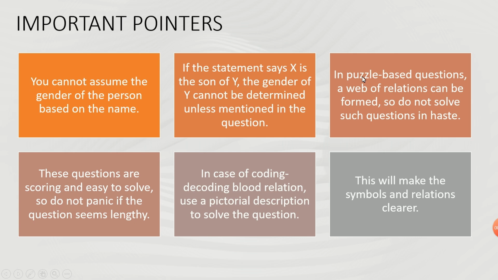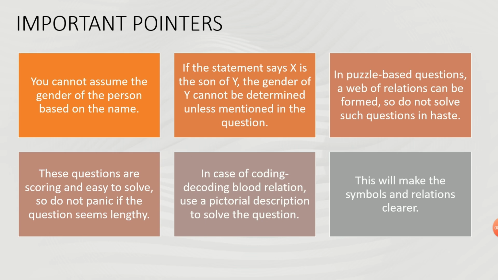Next one, in puzzle based questions, a web of relations can be formed. So do not solve such questions in haste. There are certain questions, though not much complicated, where if you have to draw it out, there is a high possibility that you can draw web based structures, so that anything can come anywhere.